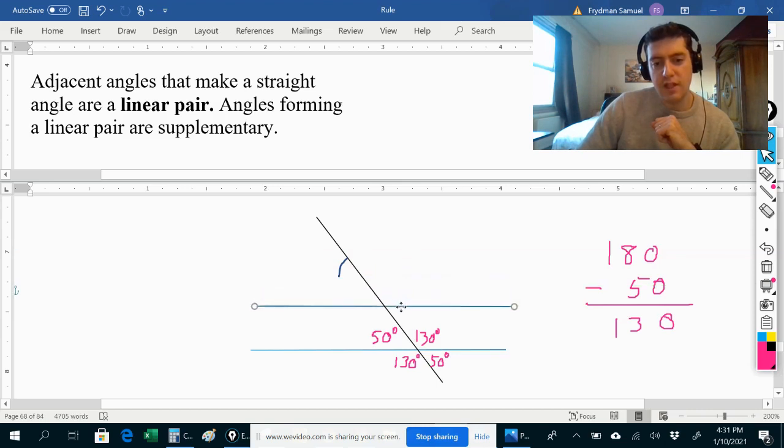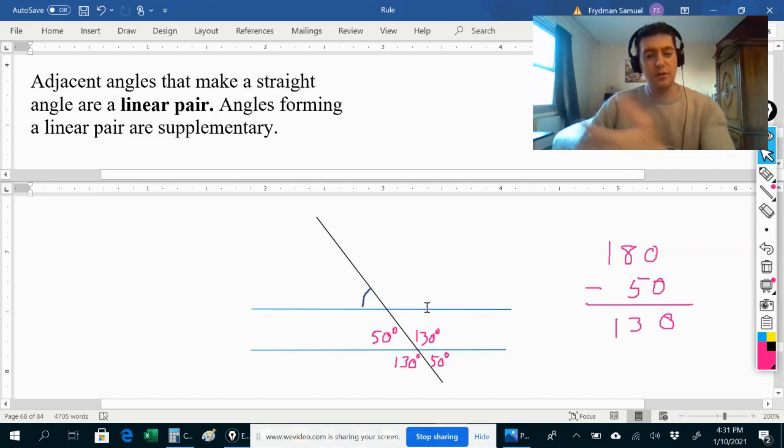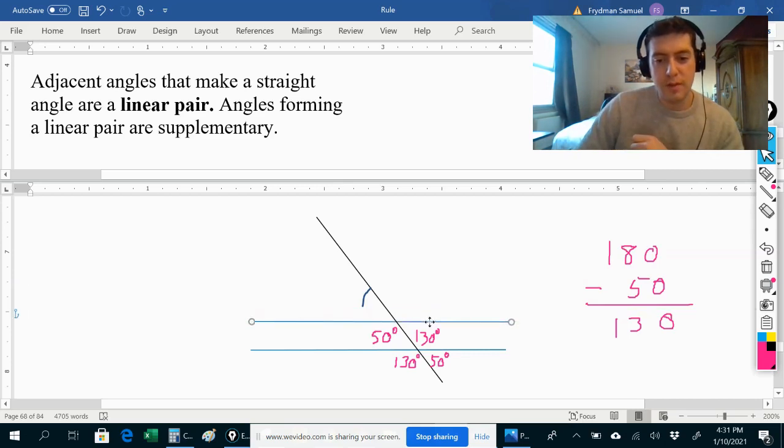I can move this down as much as I want, and the angle between the transversal and this blue line over here, which happens to be parallel to this one, the rotation between these two lines does not change. And therefore, if I go to the logical conclusion here, what am I going to do?